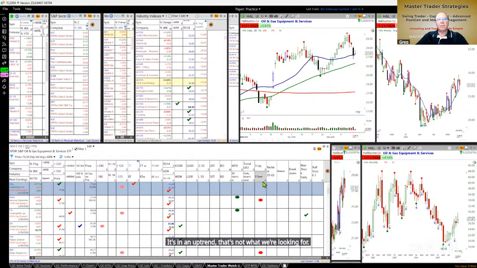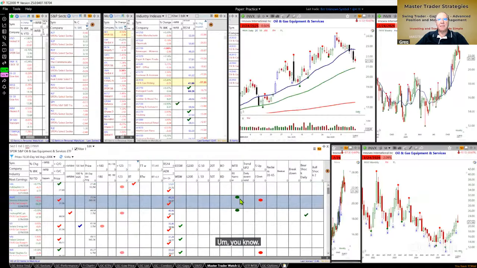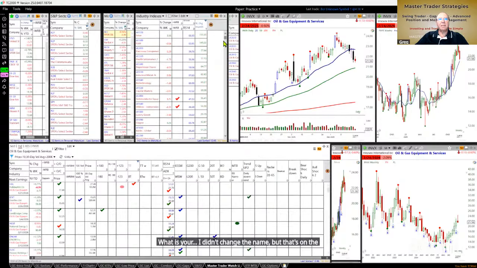So as I said, all of these are scans, something that's tightening up, beginning to tighten up. It's not quite there yet. And so again, looking at these, what is, percentage, I didn't change the name, but that's on the year. What's done the best?